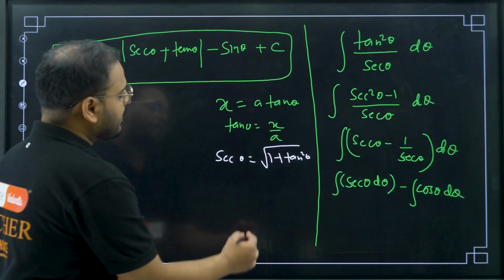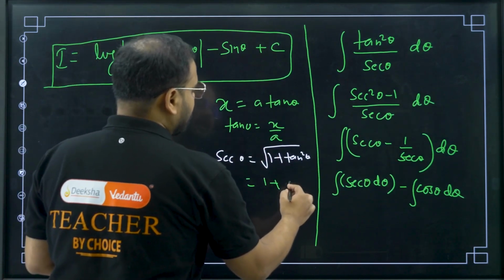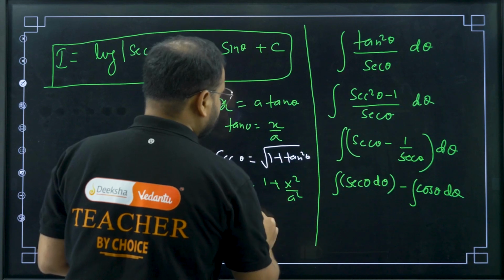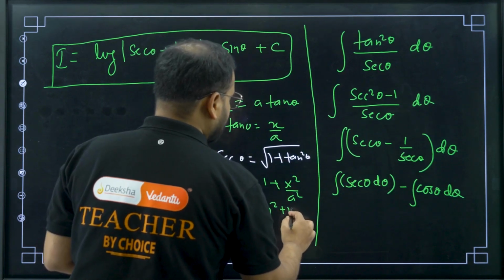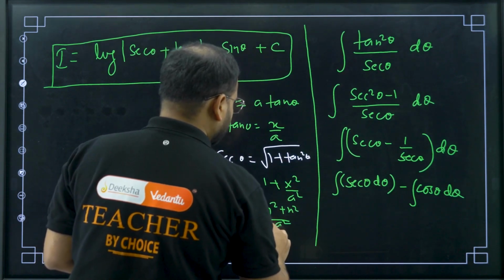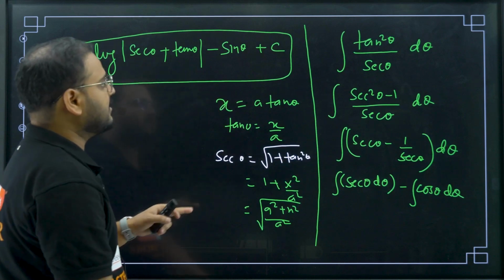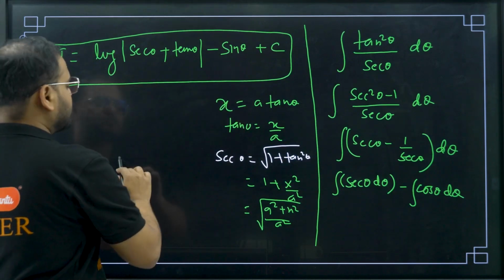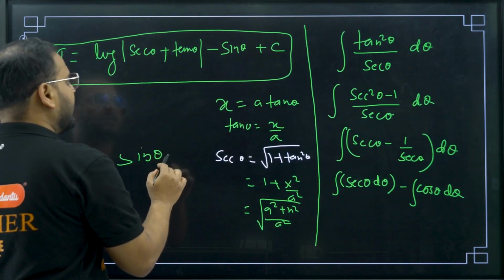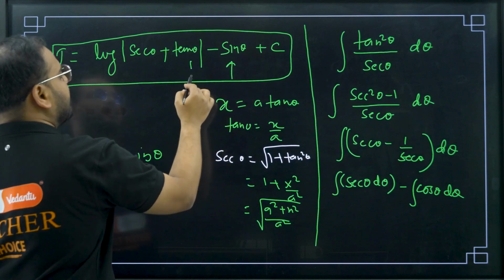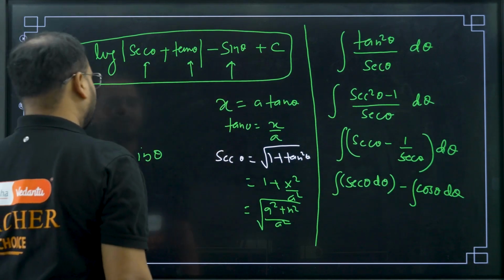Put it here: 1 plus x square by a square, which gives a square plus x square by a square, all under the root. This is the value of my sec theta. Similarly find sine and put the values of sine, tan and sec. This is your final answer.